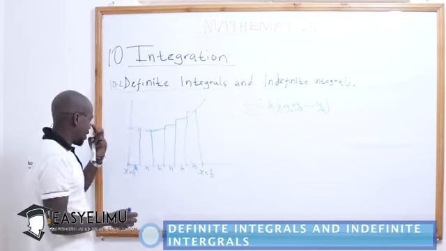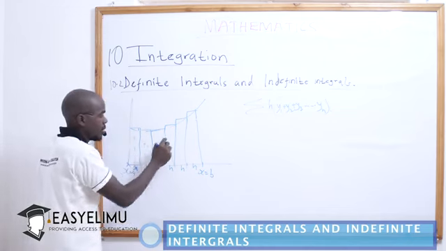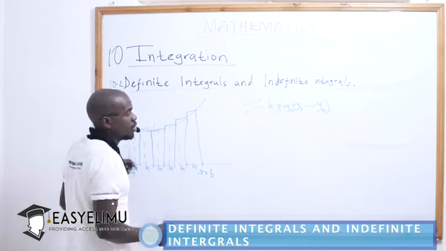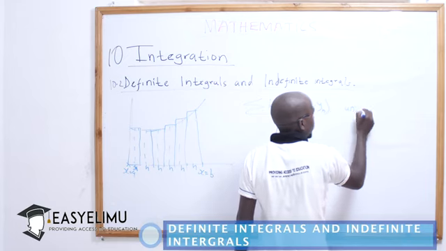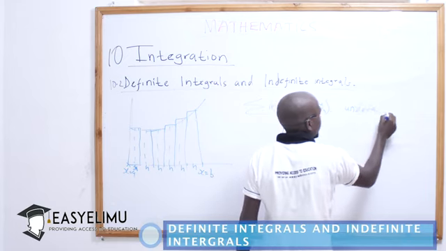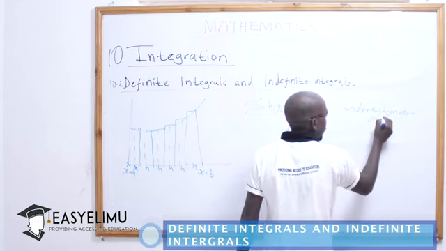Now we estimate in that way, and then also you find the mid-ordinate. And this was the underestimated area.